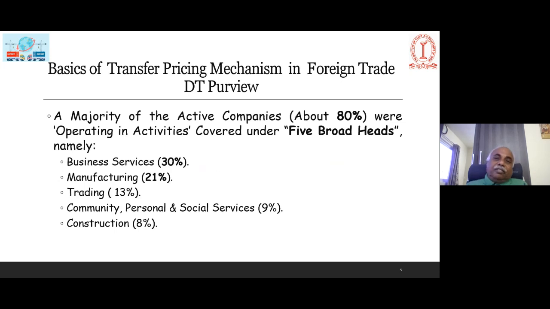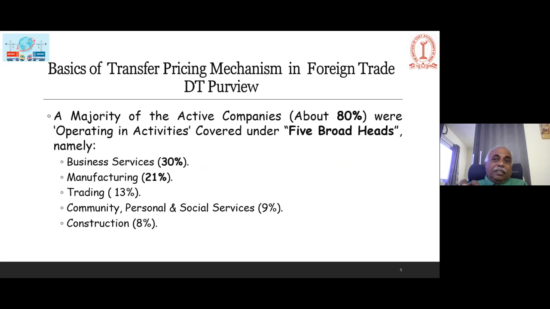Take for example, business services, 30%, manufacturing, 21% of the total companies, trading companies, 13%, community, personal and social service type of companies, 9%, and construction companies are 8%. Out of the active companies, about 80%, the operating activity wise, the segmentation of the companies.